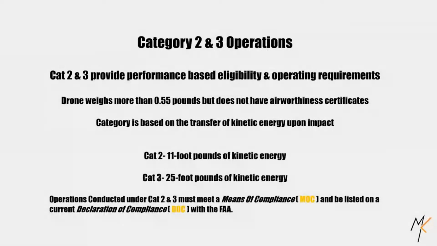So a category 2, it's going to be 11 foot-pounds of kinetic energy, while category 3 is 25 foot-pounds of kinetic energy. Also, in order to fall under category 2 or 3, you must meet the means of compliance with the FAA and be listed on a current declaration of compliance, which you would have to go to the FAA and submit requests for those two compliance documents.